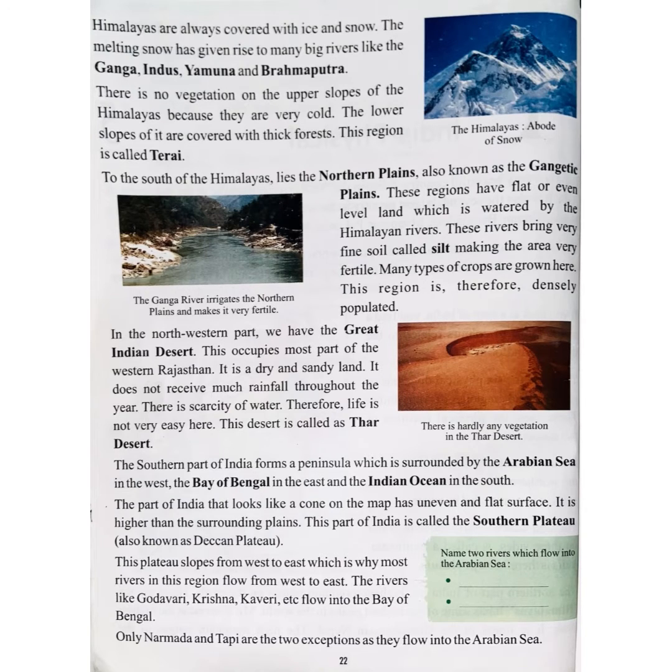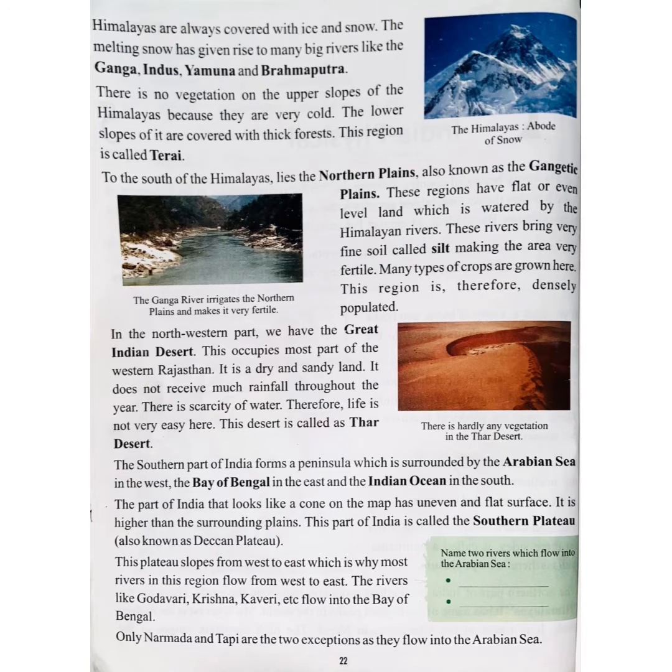The southern part of India forms a peninsula which is surrounded by the Arabian Sea in the west, the Bay of Bengal in the east and the Indian Ocean in the south. The part of India that looks like a cone on the map has an uneven and flat surface. It is higher than the surrounding plain.